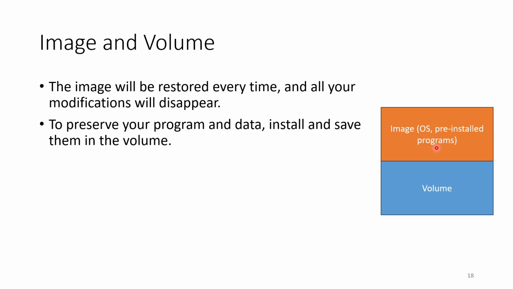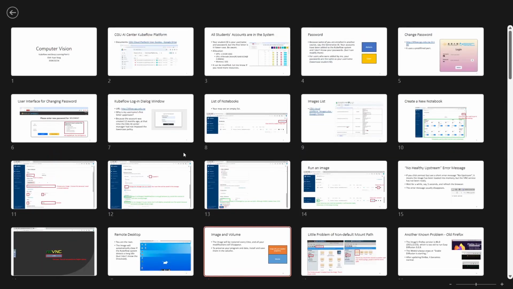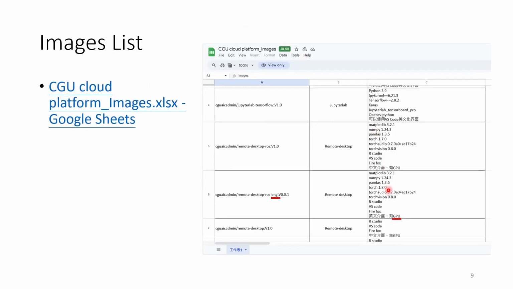So what are the pre-installed programs? From this document, we can see the list here. The pre-installed programs include MATLAB, NumPy, all of them Python libraries, and RStudio, VS Code.